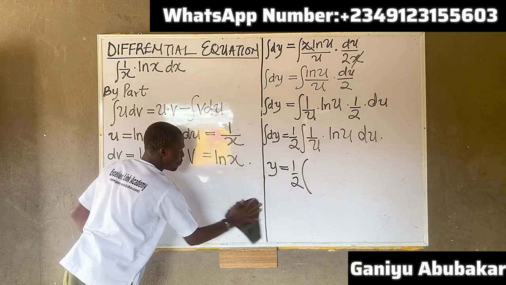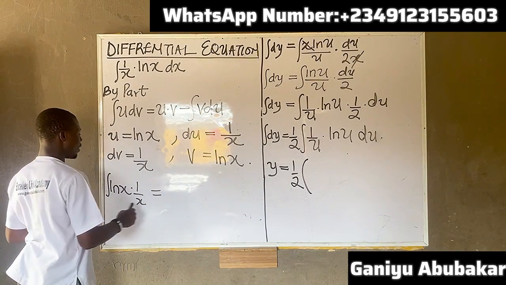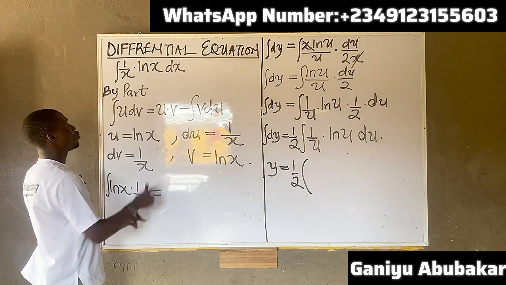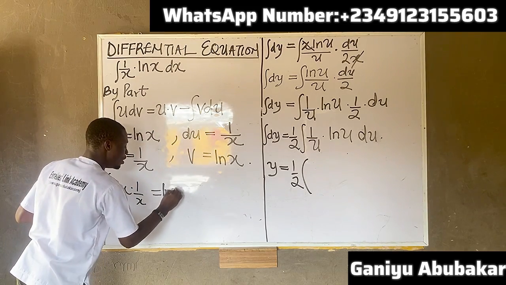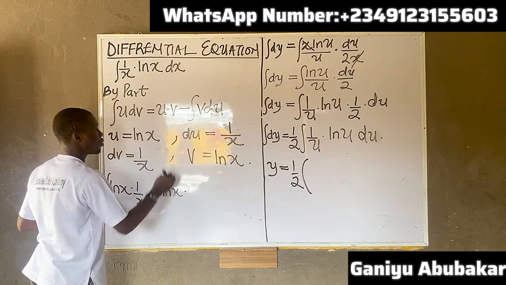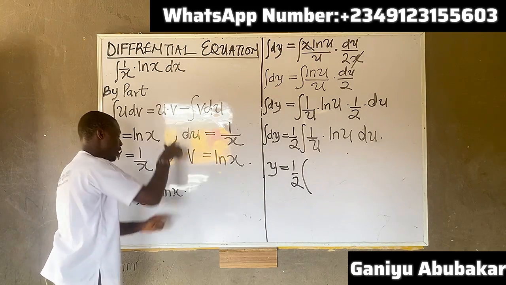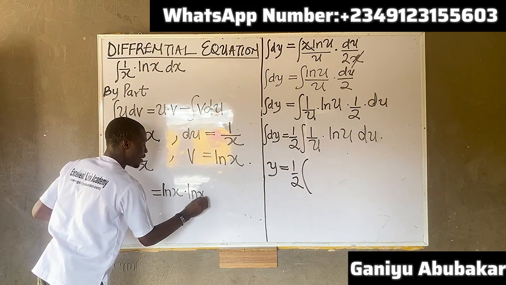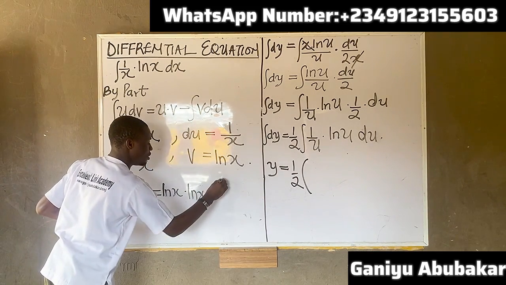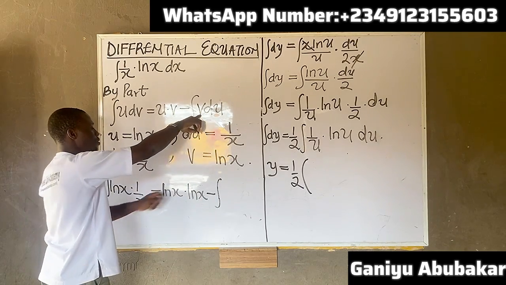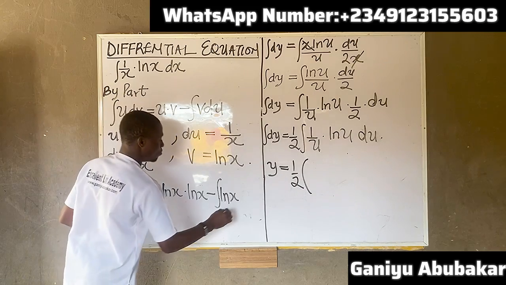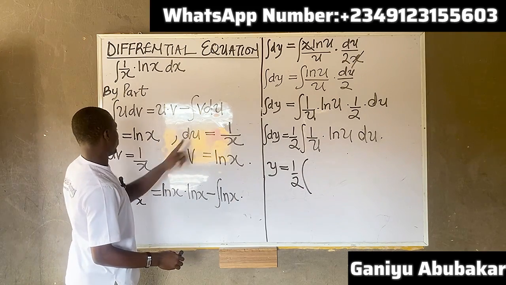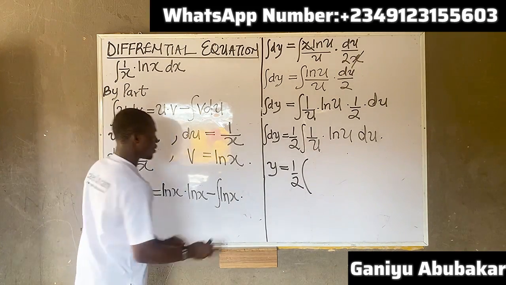So proceed from here. If I integrate this, my answer gives u. What's u? u is ln x. That gives you ln x dot v, what's v? v is ln x, then minus the integral of v du. v is ln x, and du is 1 over x.